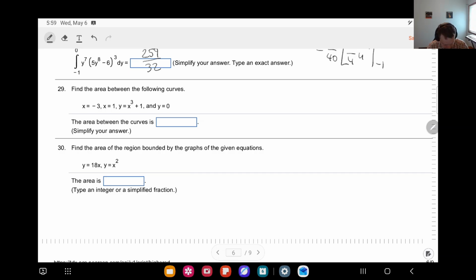Let's check. So x cubed plus 1 set equal to 0. Subtract 1 from both sides, and if you take the cube root, you can do that. The cube root of -1 is still -1.